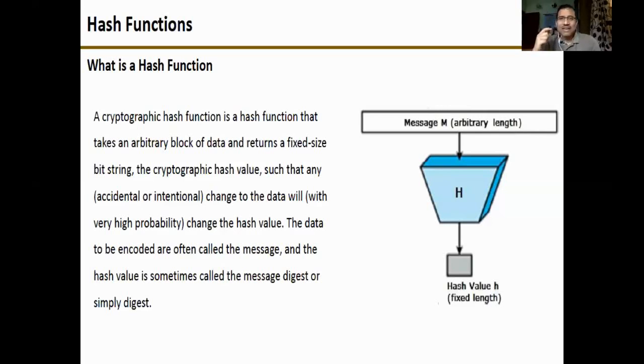If they are exactly the same, then the authentication is done, because the message you entered perfectly matches the message with which you registered yourself. That's the way the hash function works.